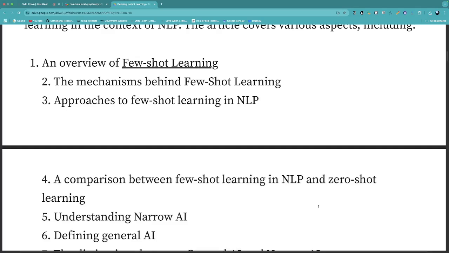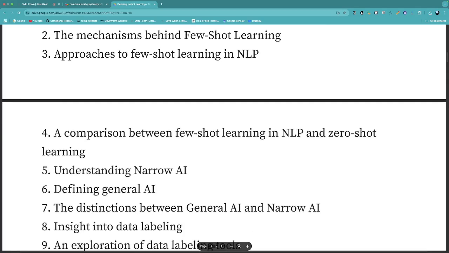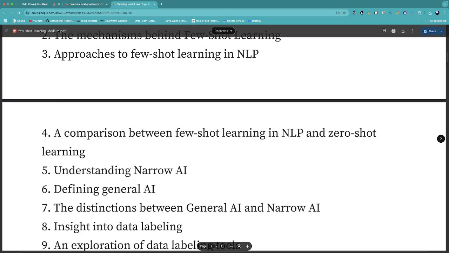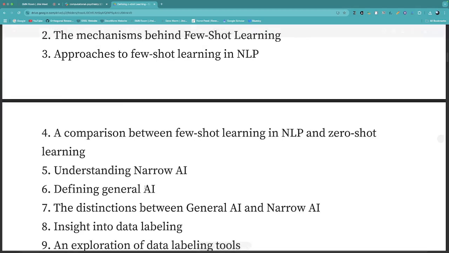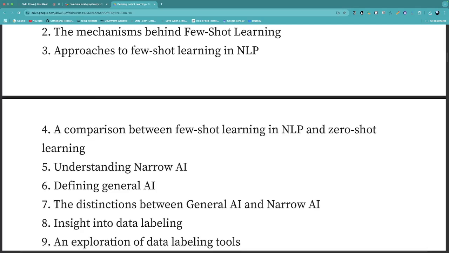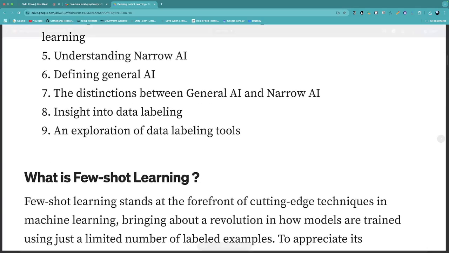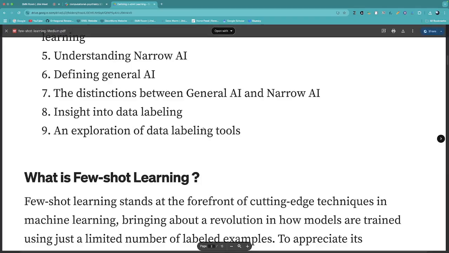In NLP, we use few-shot learning or zero-shot learning, and there's a comparison there. Then there's narrow AI, defining general AI, which of course we talked about last week, and how that can be distinguished from narrow AI, especially as a goal of research. Then insights into data labeling and an exploration of data labeling tools.